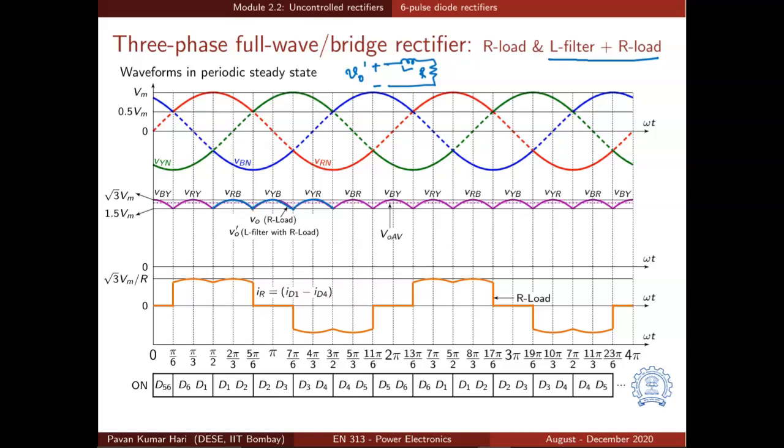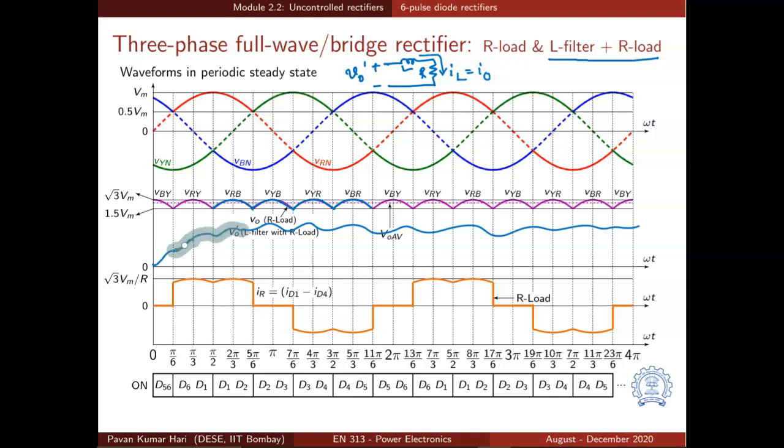So one particular section of line to line voltage appears across this RL circuit every time. If you start with 0 initial condition, the current rises and then it will continue to rise and it will reach a steady state, as we have discussed earlier in the case of single phase rectifier.